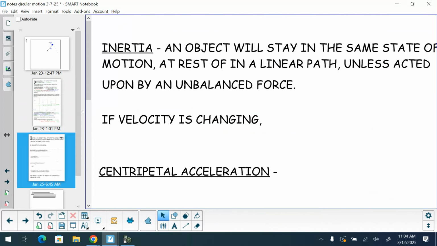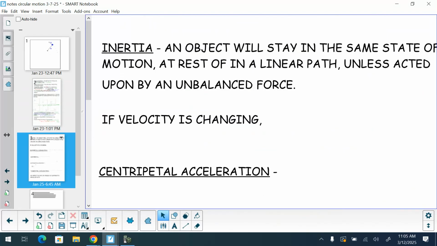Okay, going back to Newton's first law, which deals with the idea of inertia. An object will stay in the same state of rest or motion unless acted upon by an unbalanced force. The object will stay in the same state of motion or at rest on this linear path unless acted upon by an unbalanced force. That's inertia.